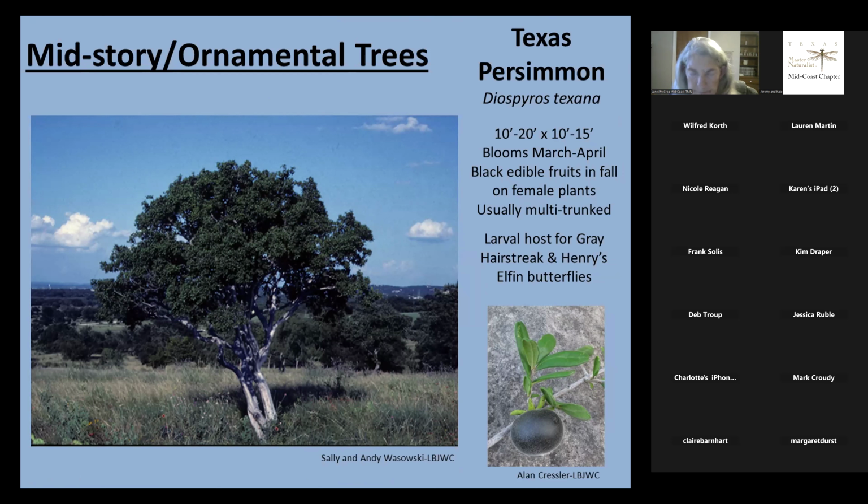And it has fruits. These are the fruits it gets, and those are on the trees right now, but they're not as black as this yet. They're still ripening, but they are edible for people, though not all that tasty, but you can make jams and jellies out of it, and it's really good for the mammals. They love it.